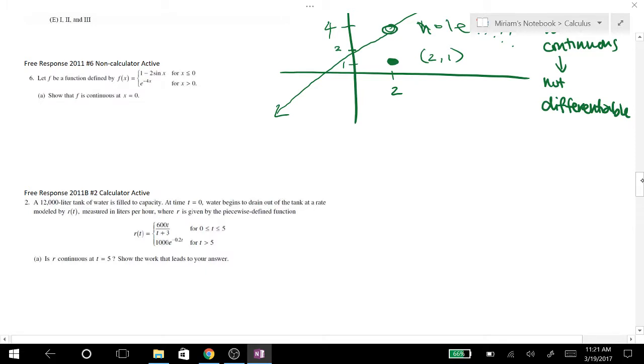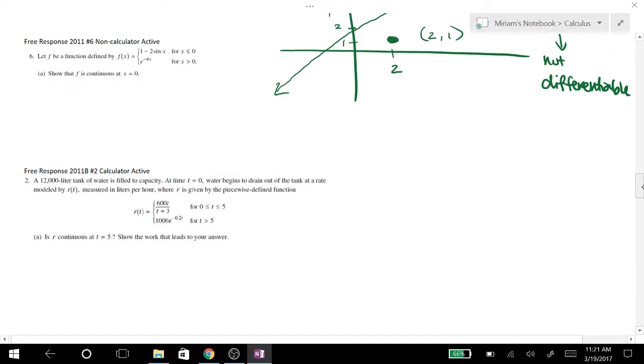Okay, so some free response problems from 2011, number 6. F is a function given by this piecewise right here. So x is less than or equal to 0, so that's 0, negative 1, negative 2, negative 3, negative 4, etc. X is greater than 0, that's 1, 2, 3, 4, etc. To show that f is continuous, this is what you always set up first.